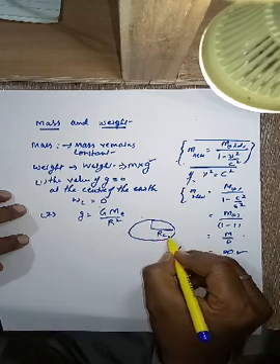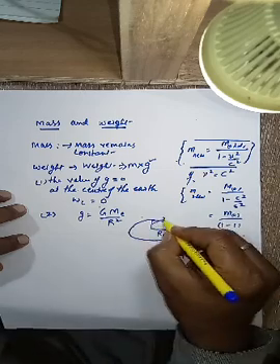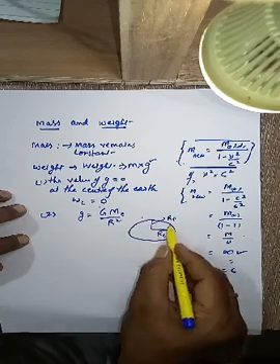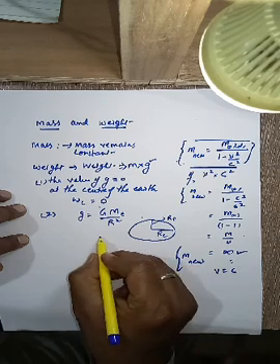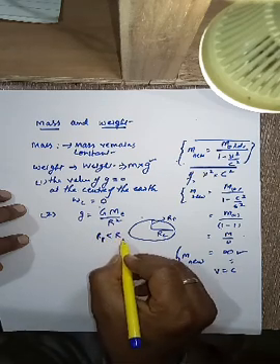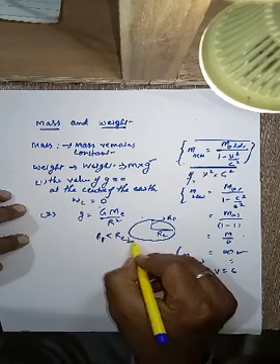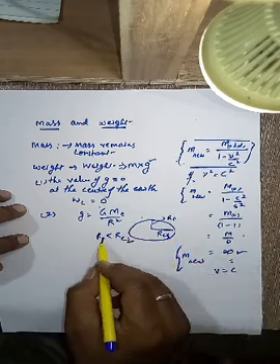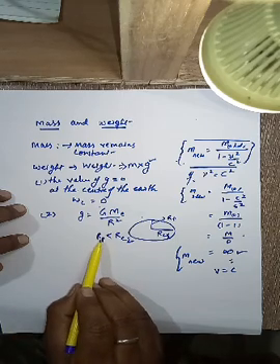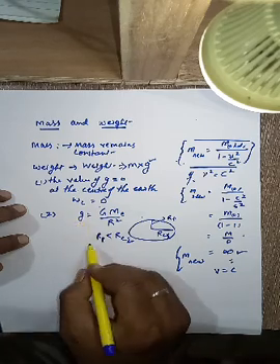If this is the radius at equator and this is the radius at pole, here we are noticing that the radius at pole is less than the radius at equator, right? And here g is inversely proportional to radius. That means if the radius at pole is less, gravity is more.